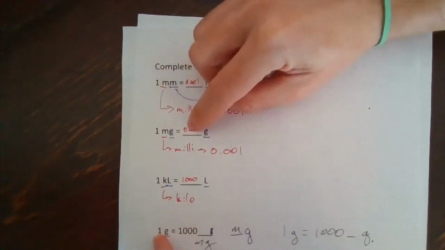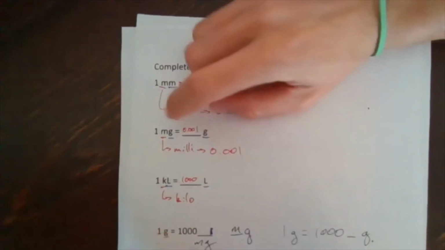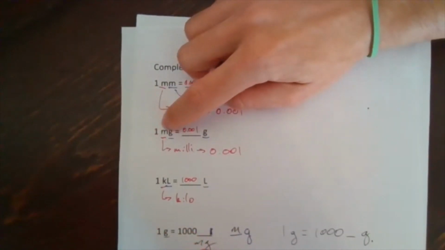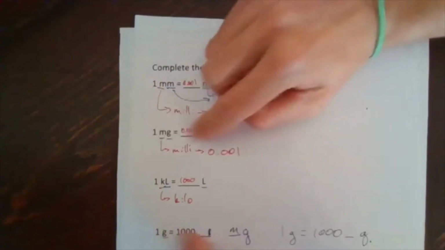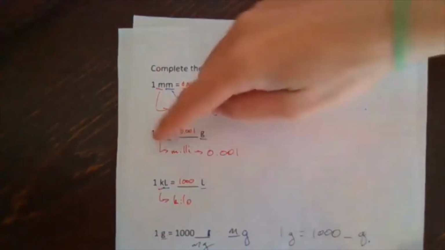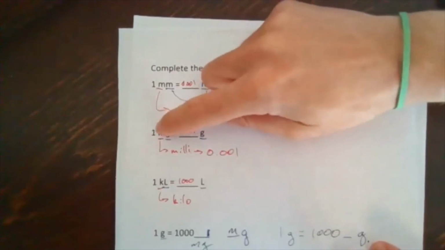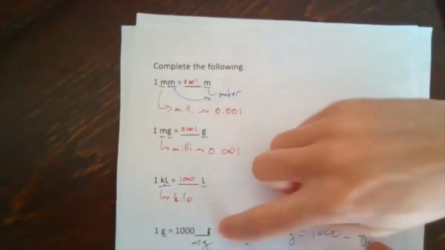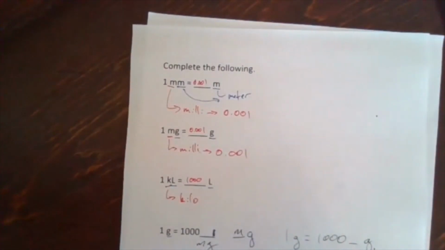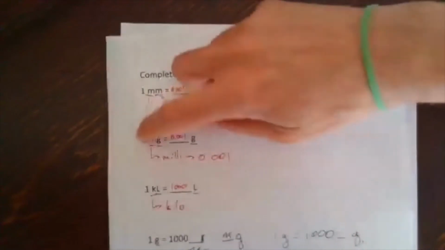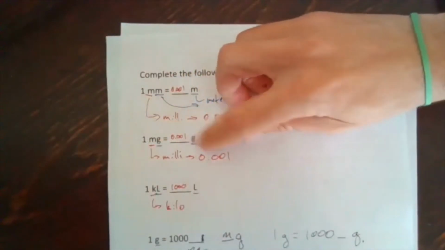The smaller number is always next to gram, and the bigger number is always next to milligram. Both of these will work, and you can use either. These are sometimes easier to represent or come up with using the prefixes. These are more commonly applied by people just because people don't like decimals. So you oftentimes see that 1 gram is 1,000 milligrams. But you could also say 1 milligram is 1,000th of 1 gram.